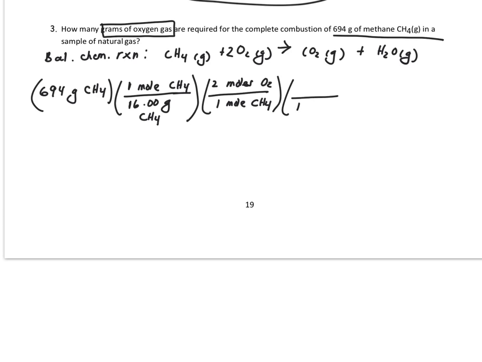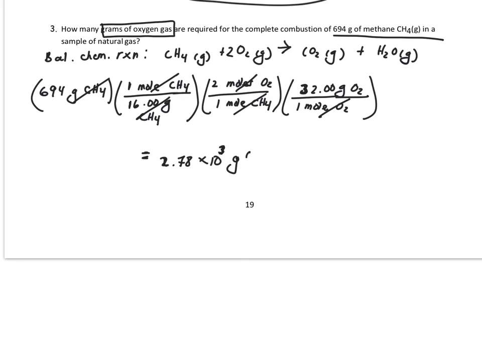And for every 1 mole of oxygen, we have 32 grams of O2. So moles of O2 cancels out, moles of methane cancels out, grams of methane cancels out, and our final answer is 2.78 times 10 to the third grams of oxygen.